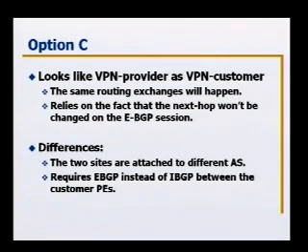The difference is that the two sites are now attached to different ASs, so we're using eBGP instead of IBGP between the customer PEs. Normally when people say option C, they mean not necessarily an inter-AS scenario, but any scenario where instead of exchanging the routes, you exchange the routes to the loopbacks, and you do the trick of forwarding traffic as MPLS throughout the domain where the route is unknown.